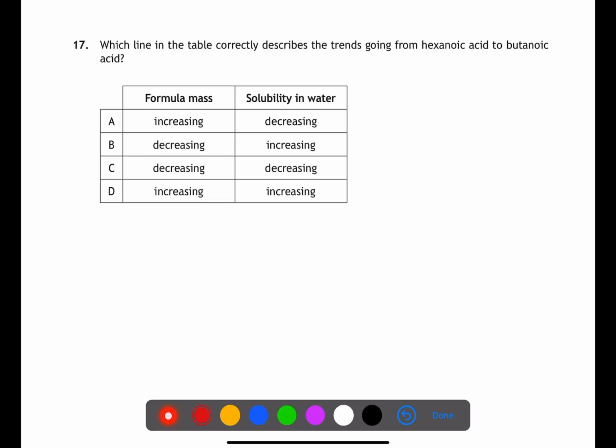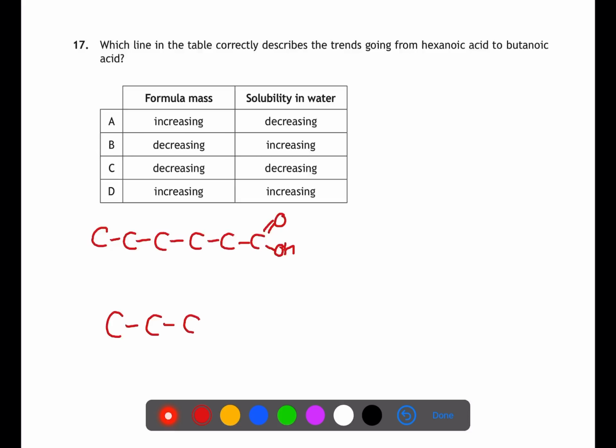Question 17. Which line in the table correctly describes the trends going from hexanoic acid to butanoic acid? So here we're going to draw hexanoic to butanoic acid. Hexanoic acid has 6 carbons. Butanoic acid has 4 carbons.